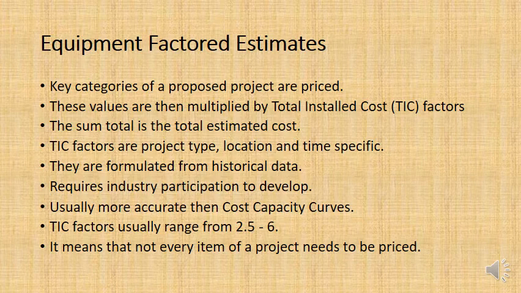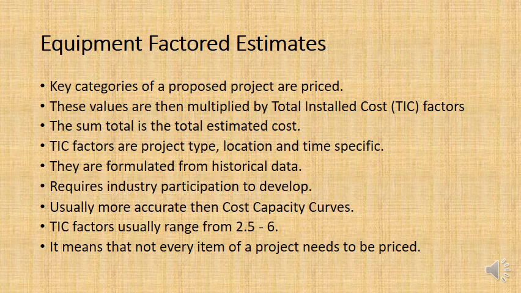We take their rates multiplied by the amount, their quantity, and we get a total price for those particular items. Now we're not pricing every single item here. We're not making a very detailed and accurate estimate. We're just looking at key items that need to be priced, and then we multiply them by factors.